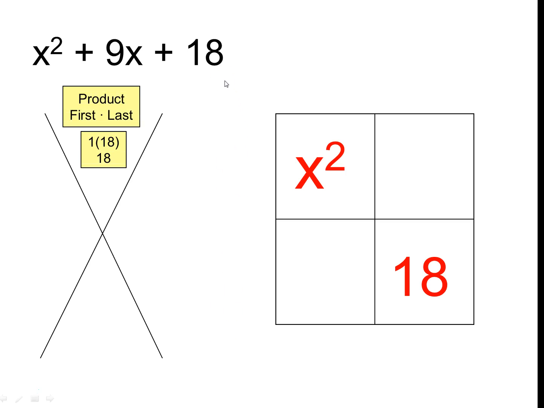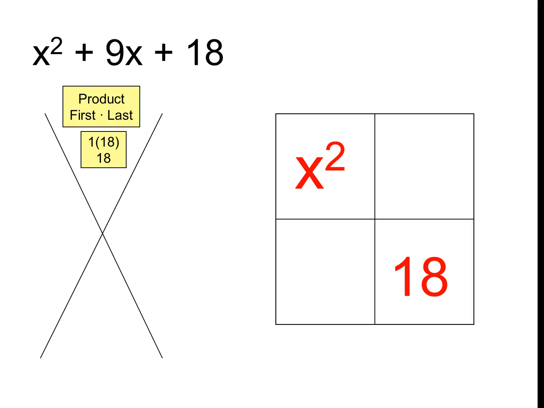We're going to look for two numbers that multiply to 18. Because remember our multiplication, we had a number here and a number here, and they multiplied to 18. So we are going to look for two numbers that multiply to 18.